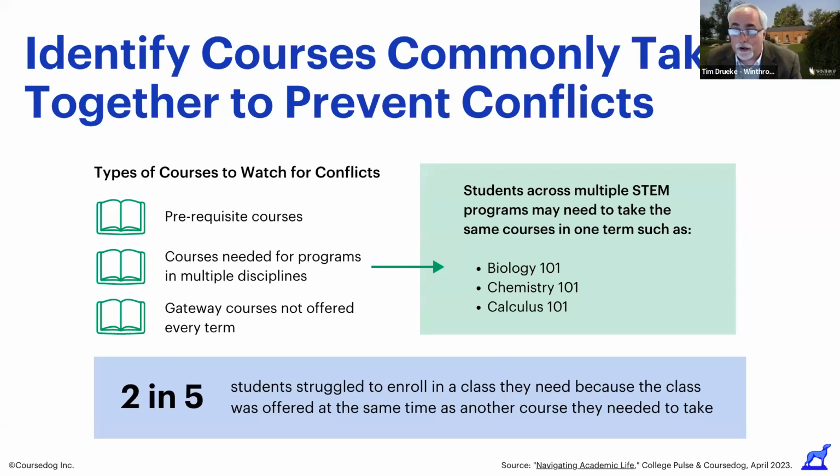Sometimes we would rely on, once advising starts and students start looking at the class schedule, they would start reaching out to the chairs and say, hey, do you realize you've overlapped these classes by a half hour, or they're in the exact same time slot. So it's always been a challenge, but having a tool that can help us with that has been a great help.